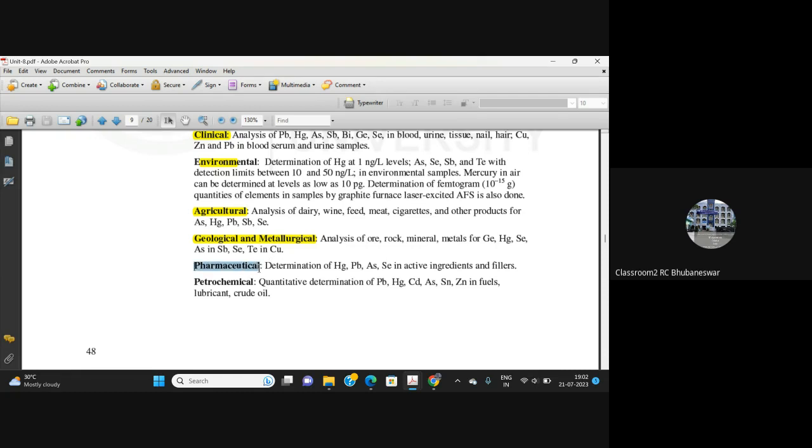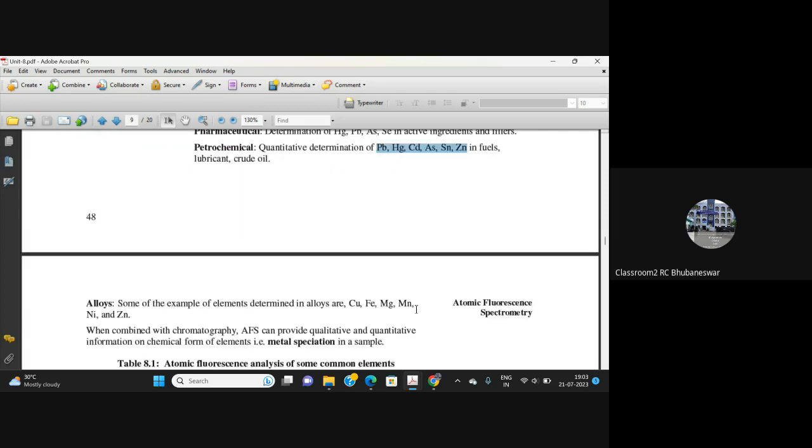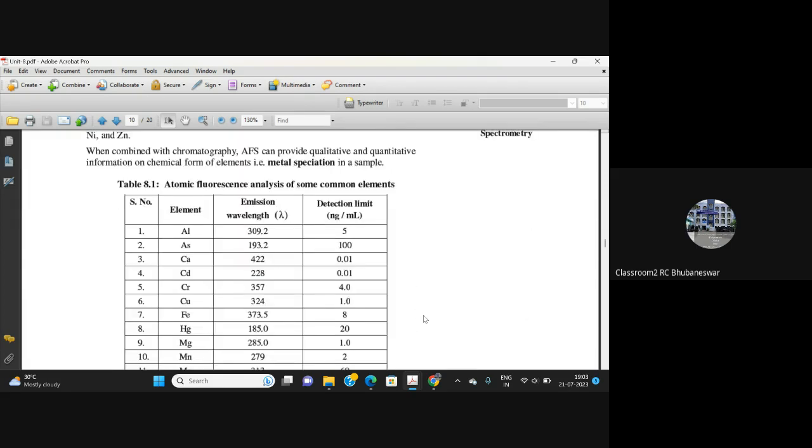Then from the pharmaceutical aspect, determination of these elements can be done in any ingredients or fillers. Then petrochemical application is also there, in fuels or lubricants or crude oils. You can also go for these elemental detections. Okay.